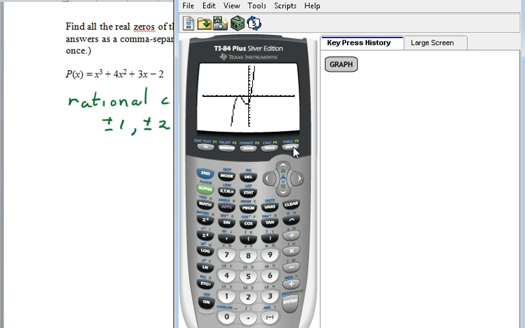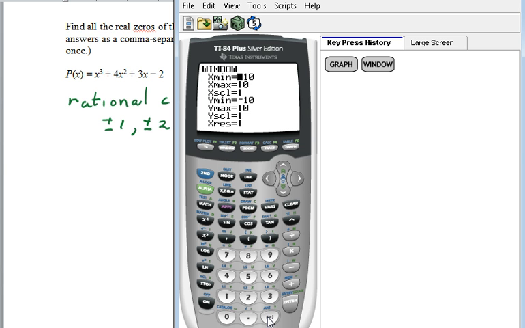It appears as if there is a 0 between 0 and 1 that is not showing up on the original graph here in this view. So let's use our window settings to get a little sharper image.